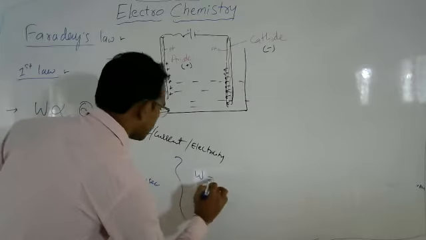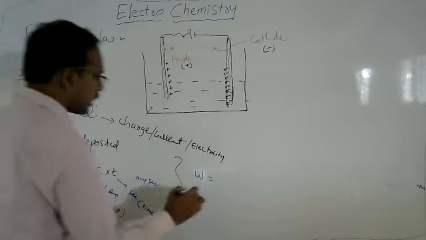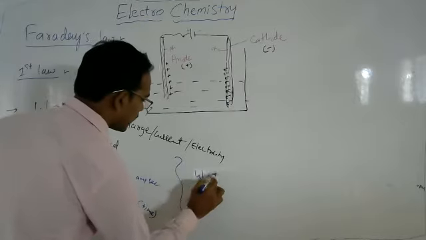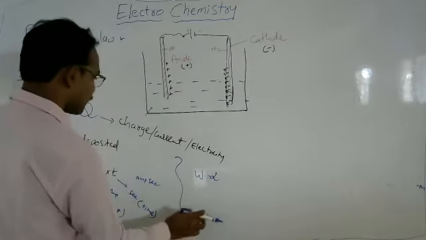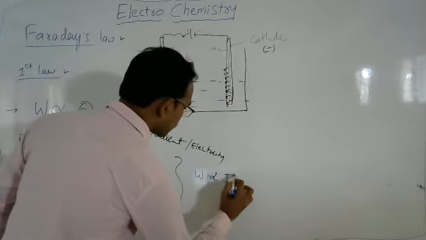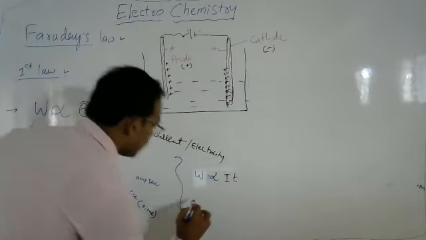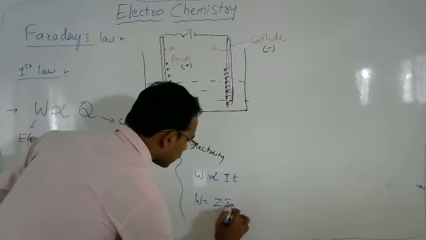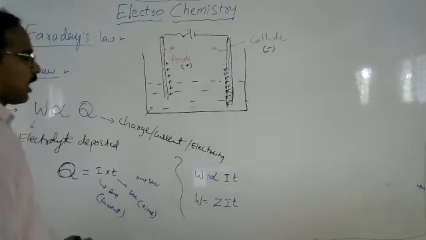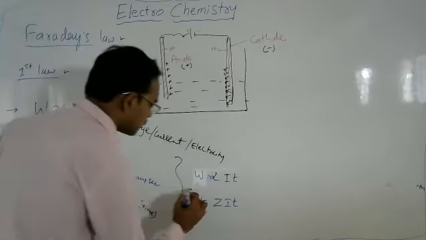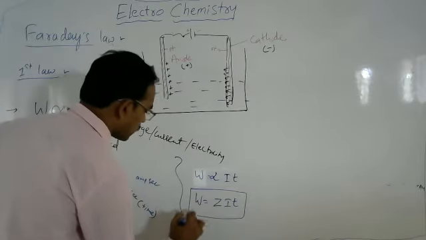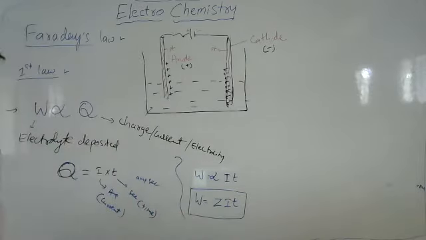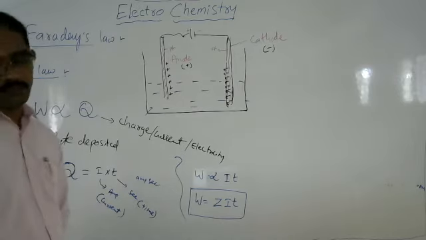So this formula I can write now. W is directly proportional to Q, and in place of Q I can write IT. Then W equals some constant Z times IT. What is Z here? Z is some constant. What is that constant? Electrochemical equivalent.